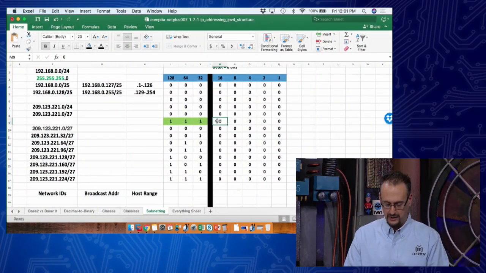Well, remember what we're going to do here is we're just going to take every single one of these place values and essentially make every one of them 1s. So we'll do that, and we'll make those 1s, and again 1. You can kind of see the pattern here, because in the host bits, all 1s lets me know right away that that is going to be your broadcast address.